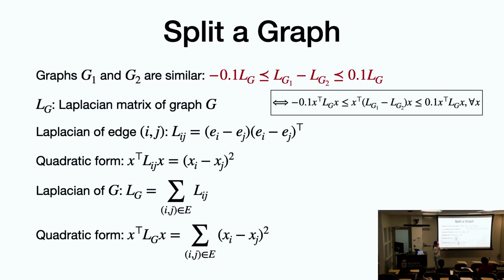And in particular, if my x is the characteristic vector of some subset of vertices, then this means that the number of cut edges in G1 roughly equals the number of cut edges in G2.